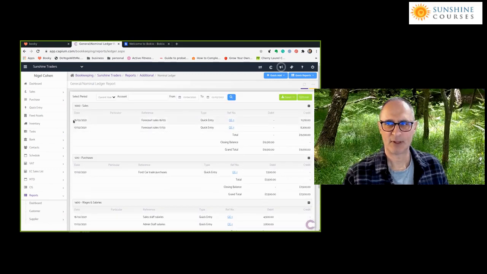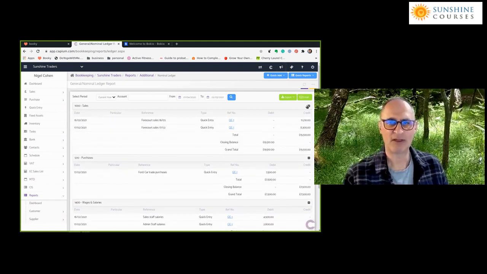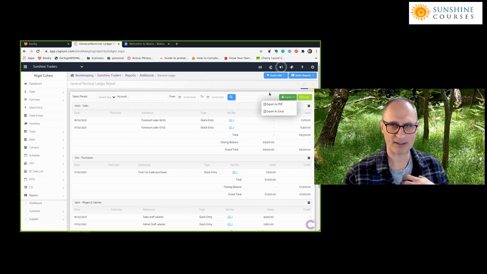So although in this particular report, it's got this plus and minus where you can hide or show the individual entries, generally with a nominal ledger or a general ledger, it's just two words for the same thing. If you export it as a PDF, for example, it would produce a really pretty report showing all of my accounts, the sales, purchases, wages, showing the balance, but also all the individual transactions.